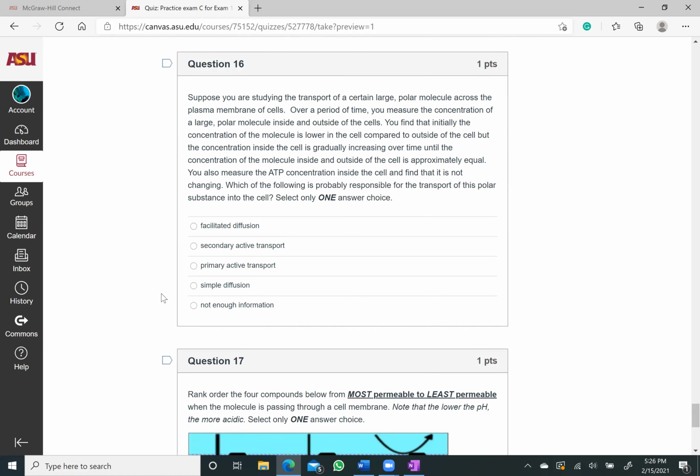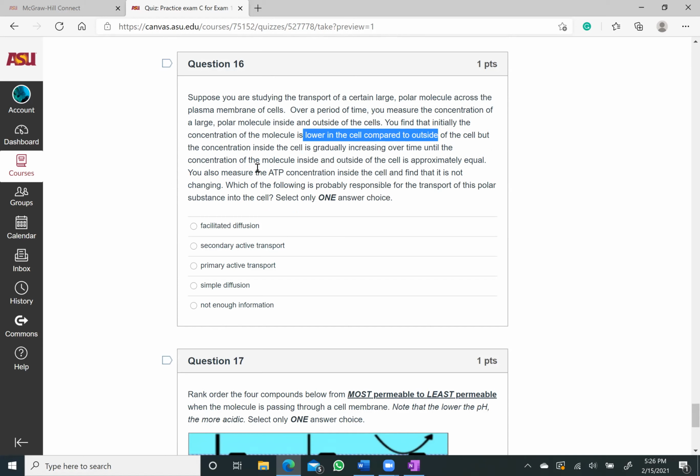All right, question 16, another massive paragraph. These massive paragraphs suck. So just go through and find your keywords. Okay, it's large, it's a polar molecule. Okay, boom. Initially, so we have an initial point. It was lower in the cell compared to outside the cell.